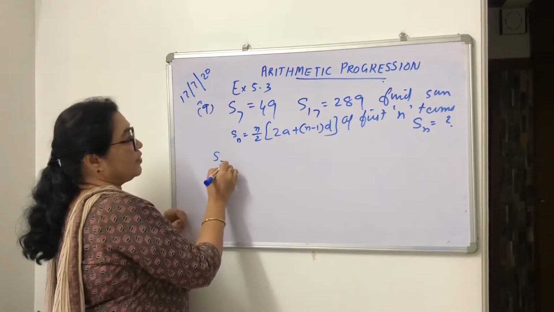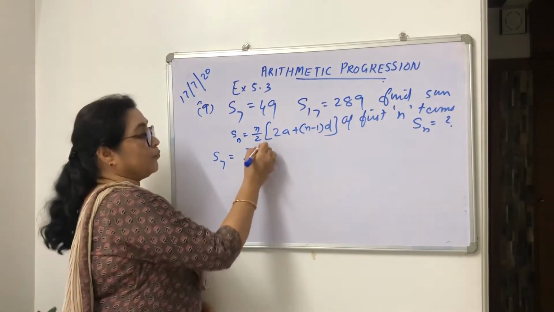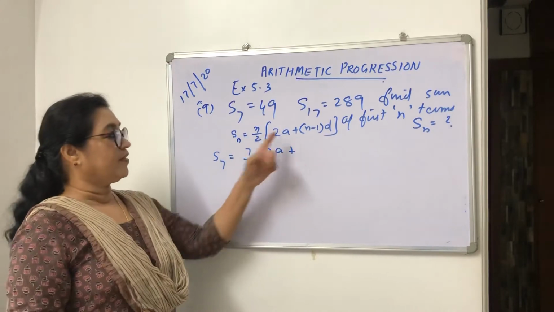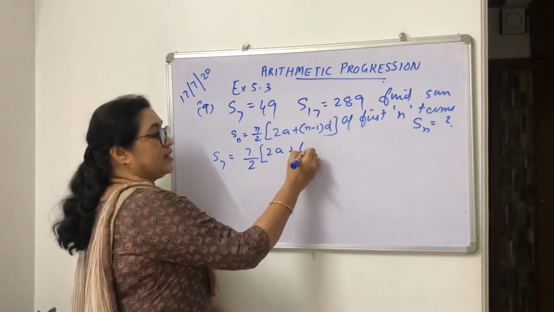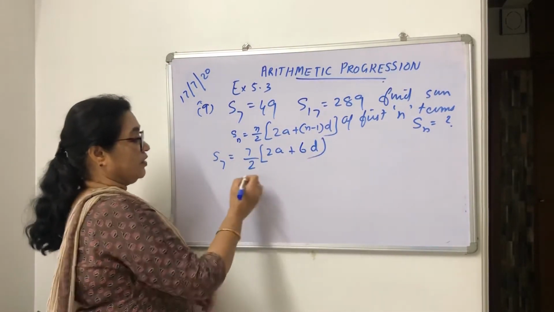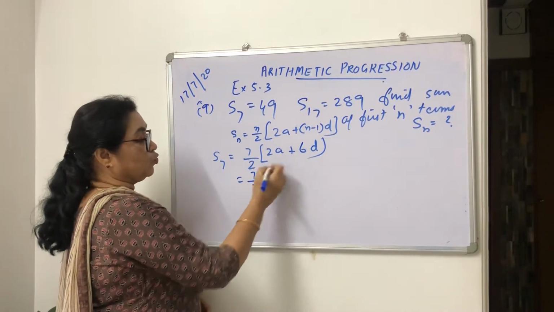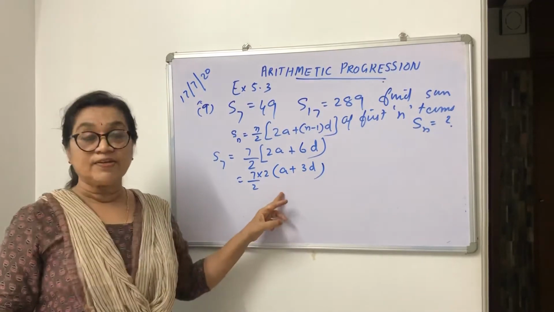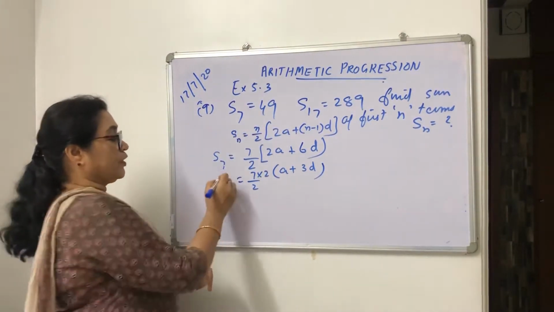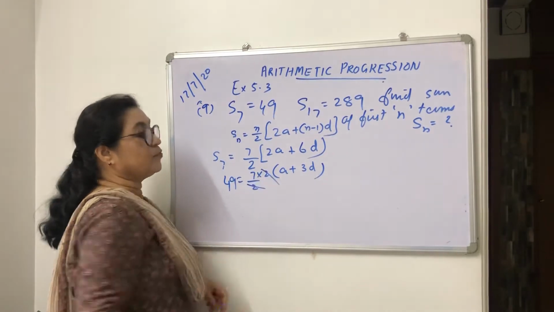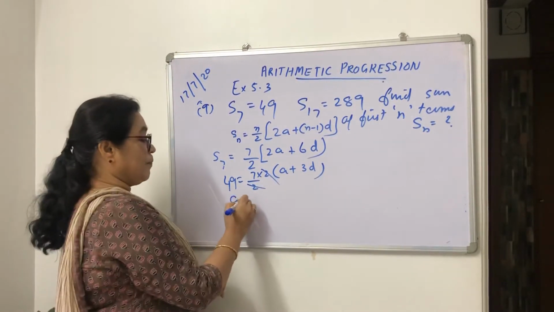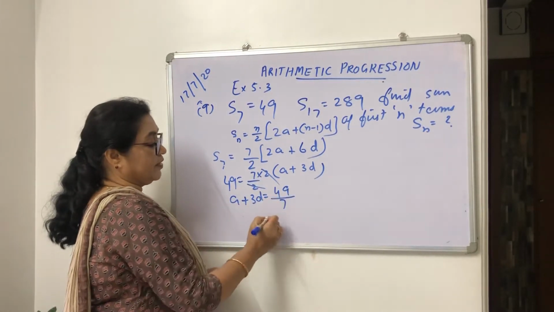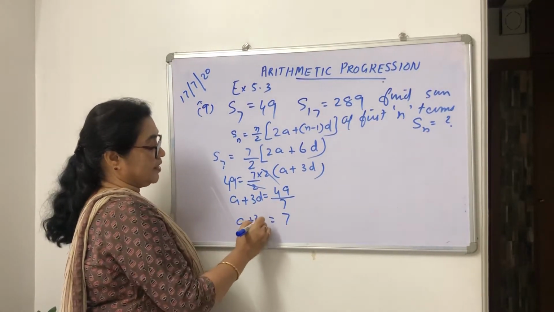So S7 is equal to 7 by 2 into 2a plus 6d, that is 7 by 2 into 2, I take it out, a plus 3d. S7 is given as 49. This 2 and 2 cancel, then a plus 3d is equal to 49 divided by 7, that is 7. So a plus 3d equal to 7.